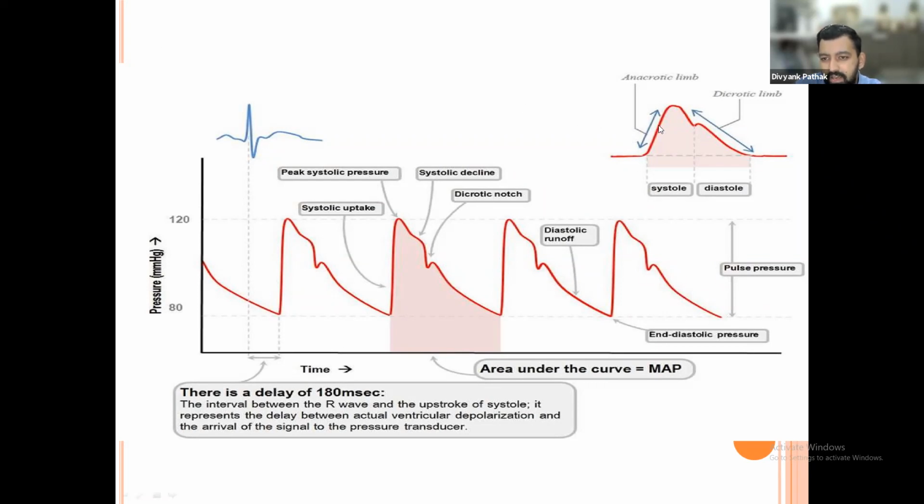Now here, this is the anacrotic limb, and this is the dicrotic limb. Now this steep downflow is called diastolic runoff, and this end point is the end diastolic pressure. This is the diastolic pressure. So this up point is the systolic pressure. This down point is the diastolic pressure.